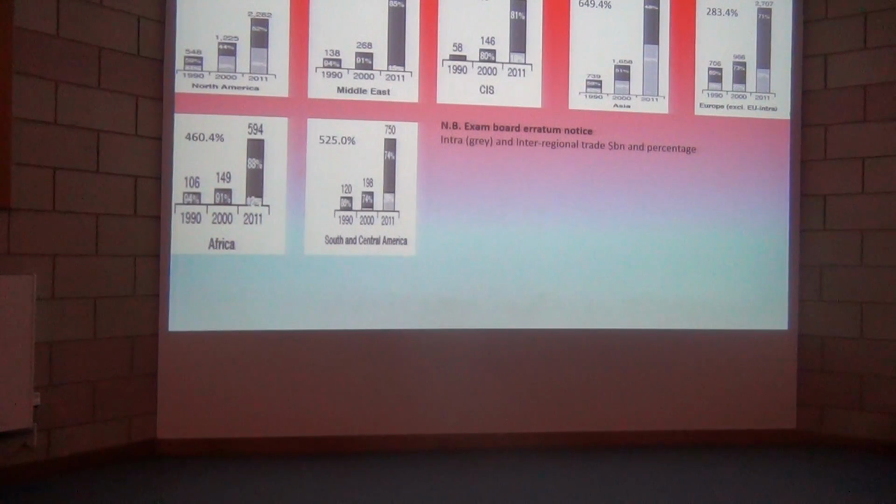You know that these numbers, 548, 1225, 2282, these are all in US dollars, billions. So 548 billion in 1990, 2282 billion in 2011, or 2.2 trillion US dollars.